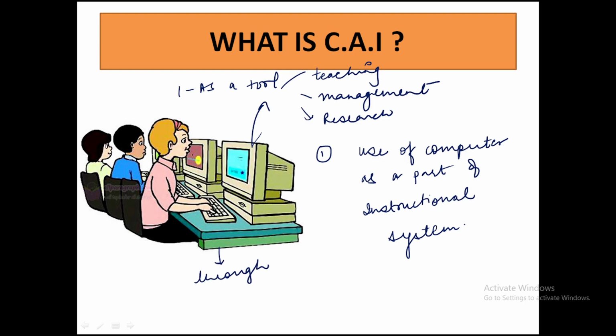So in very simple language, the teacher here works as an instructor, and the computer is used as a tool by the teacher to make the student learn on an individual basis, as I have told you earlier in linear and branching programming.